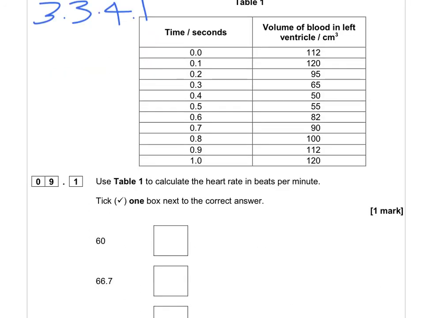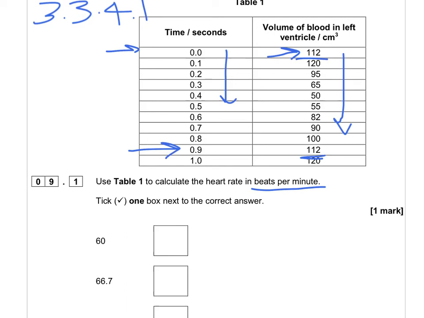Question 9.1, it says use table 1 to calculate the heart rate in beats per minute. So we'll go from 0, and you can see the volume of blood, so we need to find 1 beat. So let's go down the data until we get a repeat. We get a repeat at that point, so that's at 0.9, so that's 1 beat.